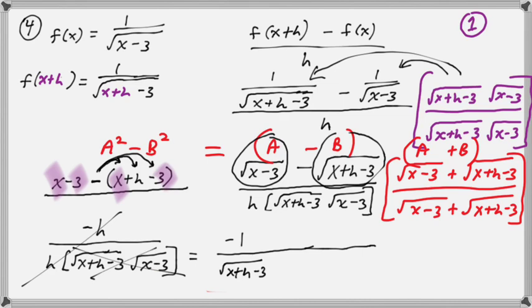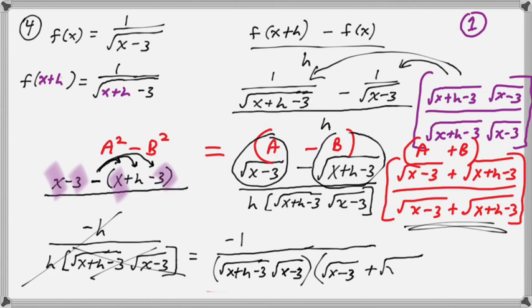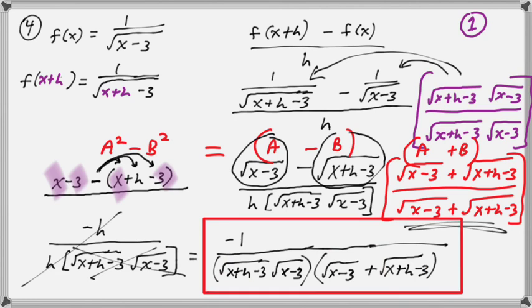X plus h minus 3 times radical x minus 3. But you also have it times its conjugate. So you're right. X minus 3 plus radical x plus h minus 3. I hope that's what it should be, because I neglected to put that one part of the denominator in there.